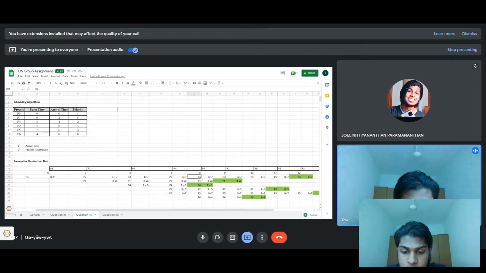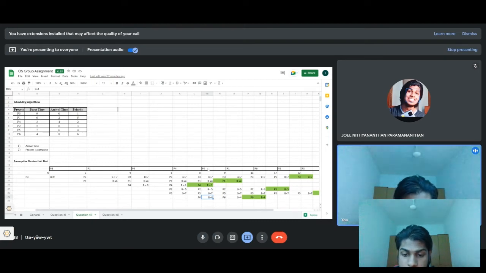At 8, we get process 3, process 1, process 4, process 2, process 5, and process 6. After getting all of these processes, we state the burst time 7, burst time 4, burst time 1, burst time 5, burst time 7, burst time 4.